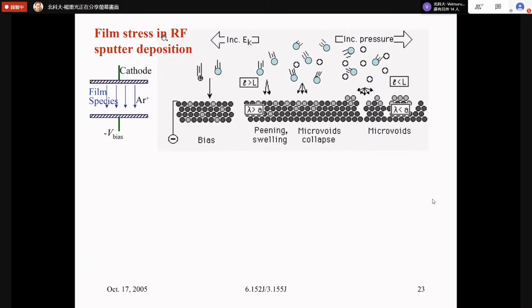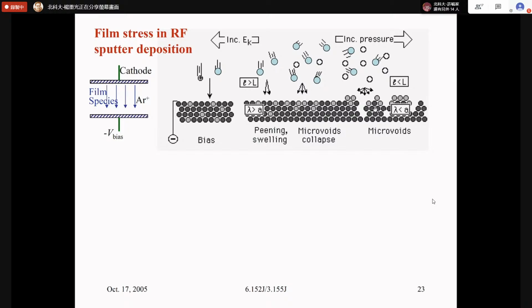So film stress in RF sputtering is as follows. We have a bias, make the bias negative. So it attracts the ions, okay, attracts the ions. And then you see the peening, and microvoid collapse, and even bigger, it generates microvoids.